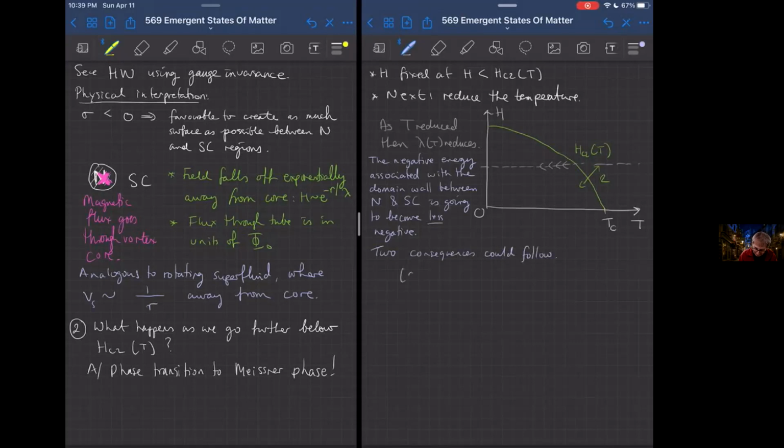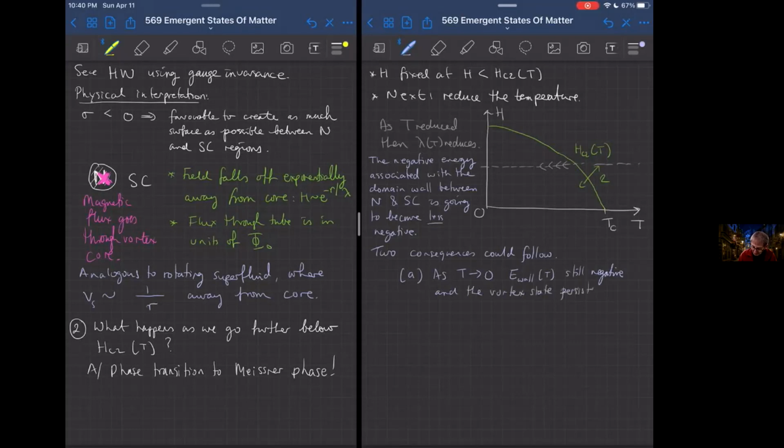So the first consequence is that as I go towards zero temperature, again, along this line that I have up here in gray, as T goes to zero, the energy of the domain wall is still negative, and the vortex state persists.